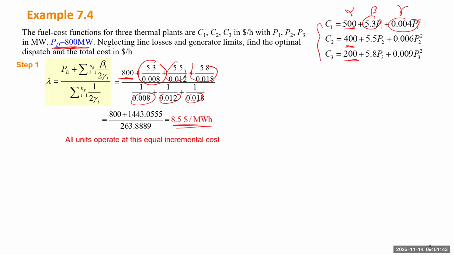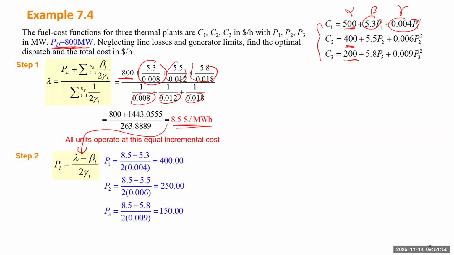Then go to step number 2. You just plug this value into this formula. You can calculate P. Because beta and the gammas are different by units, P1, P2, P3 are all different. So P1 has output of 400 megawatt, P2 has 250, P3 is 150.